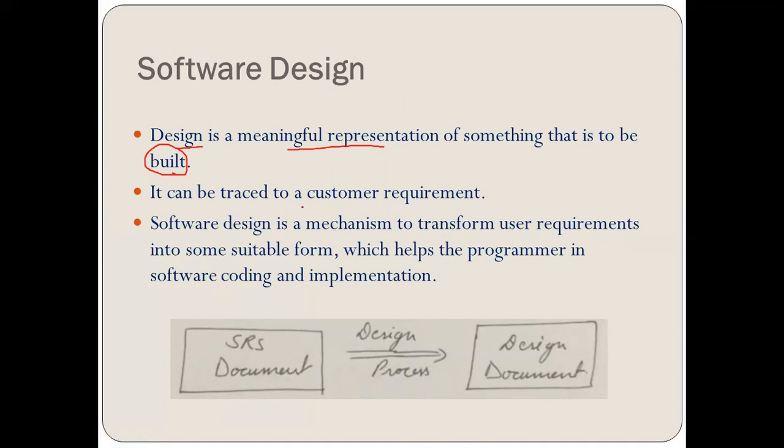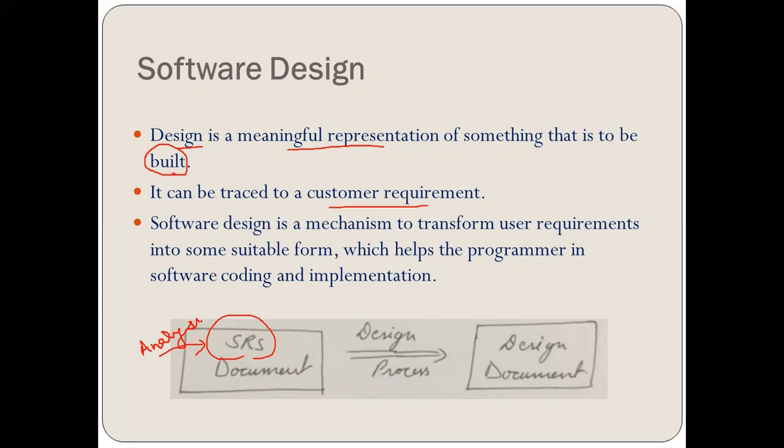Now, this design can be traced to a customer requirement. Why we are saying this can be traced to a customer requirement? Because the base, the foundation of the design is the SRS document. And from where we have got this SRS document, we have analyzed it from the requirements and needs of the customers. And then we have designed this SRS.